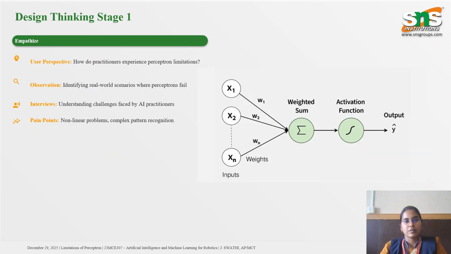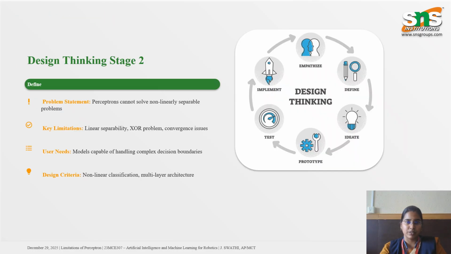Next, we have to know the user perspective. How do practitioners experience perceptron limitations and identify the real-time scenarios? We have to understand the challenges, and the main point is that it is not used for nonlinear problems, and it is complex for pattern recognition.